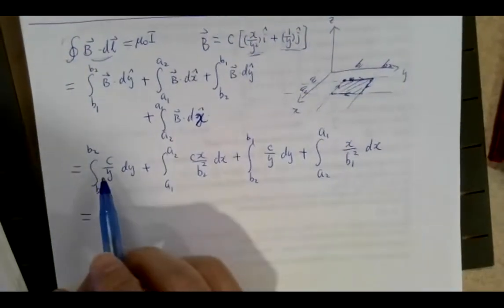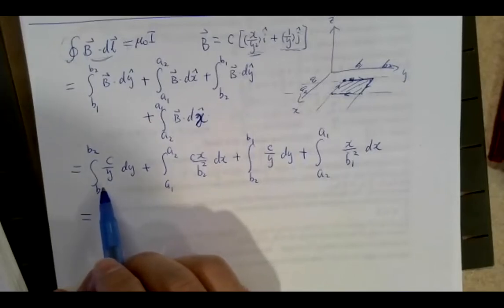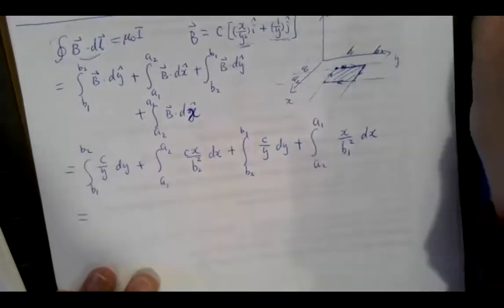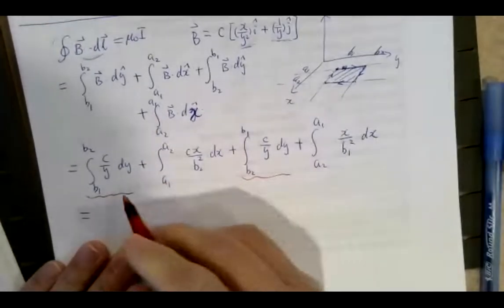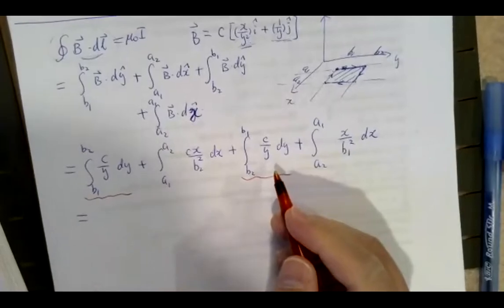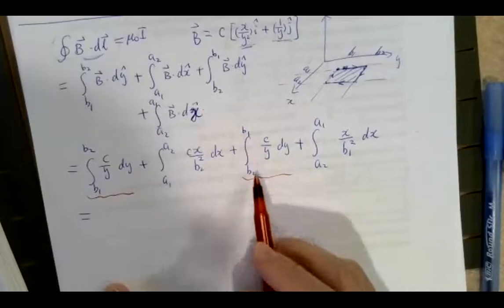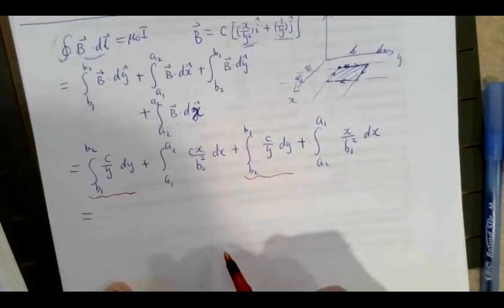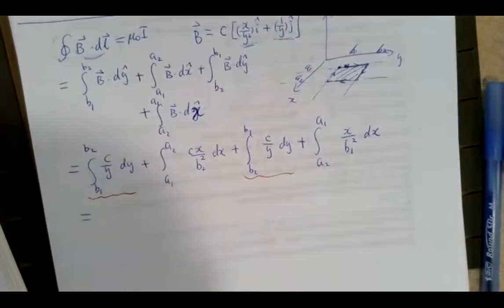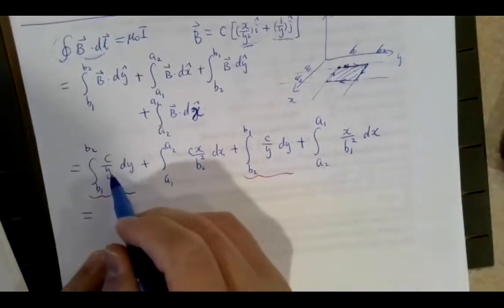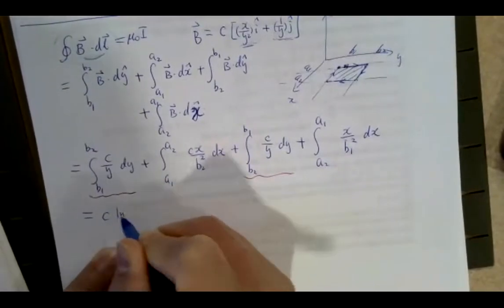So you're going from here to here. So this will give you, actually, I think we can just take a look on this guy and this guy, right? They are exactly the same integrations, but you go from B1 to B2, here you go from B2 to B1. So they will actually cancel out, right? Because one will be positive, one will be negative, okay? If you do that. But anyway, if you are integrating that, it will be C times ln of Y, right?